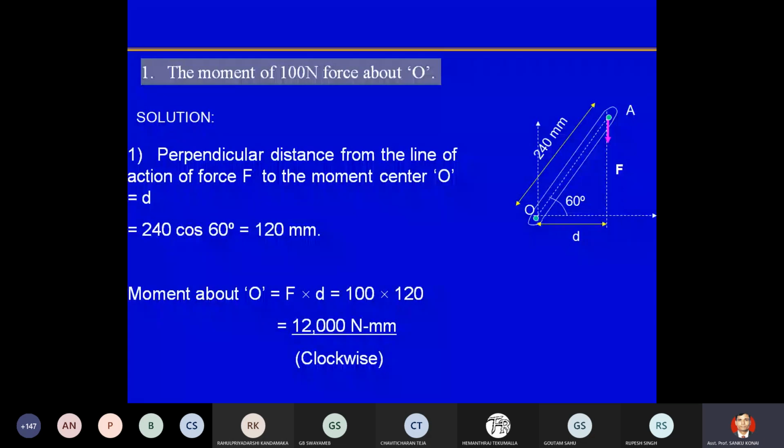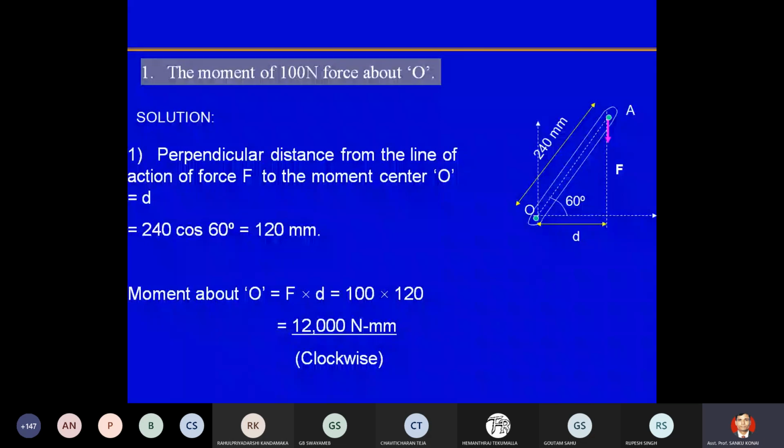There is nothing before 240 cos 60. Sir, it is not clear. Left side you cannot see. Are you getting the problem? Can you solve it? Yes, sir.